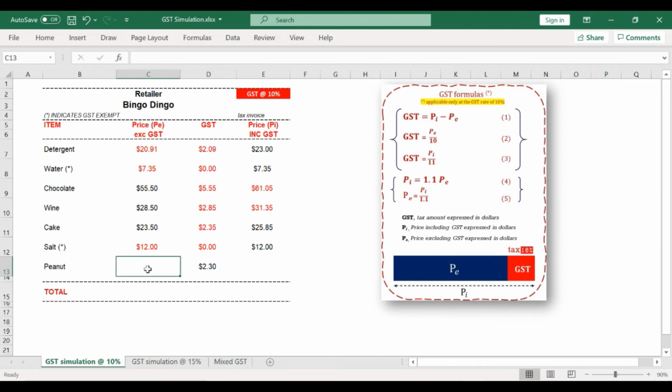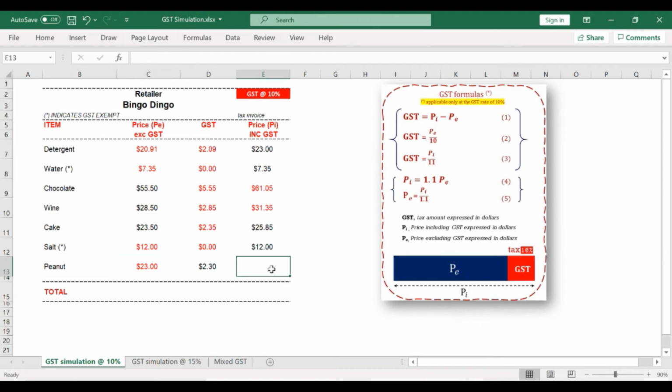So we reflect it as follows. We type equal, and then we get the GST amount, which is D13, and we multiply it by 10. So now the price before GST is $23.